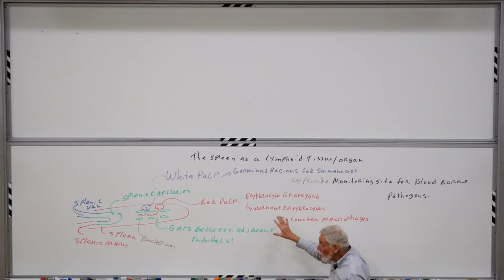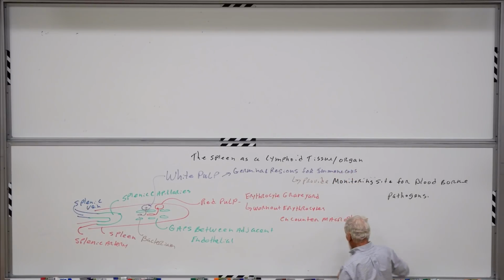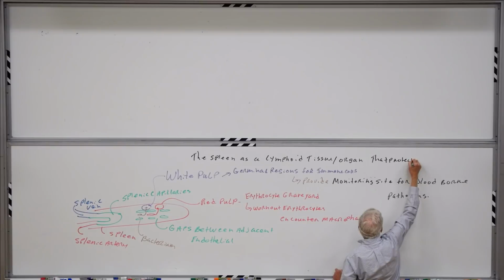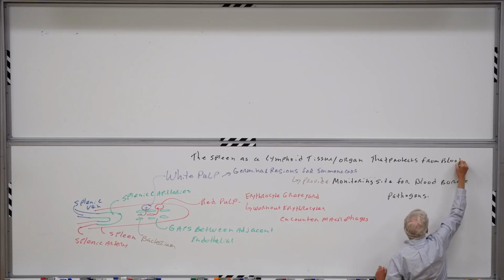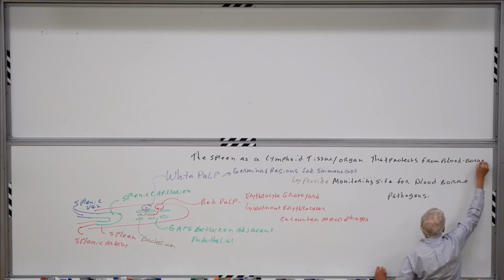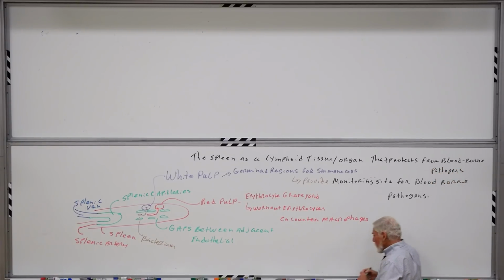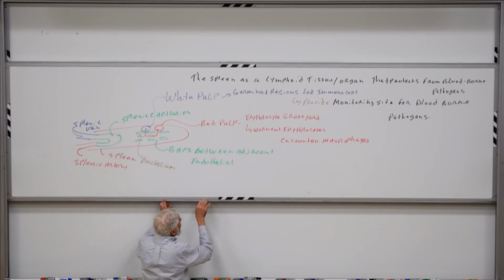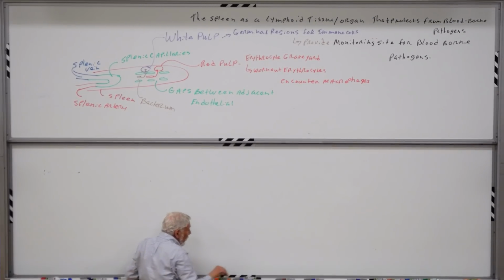So the general thinking here is the spleen is a lymphoid tissue or organ that protects from blood-borne pathogens. Well, another place where we see this kind of monitoring for pathogens are the lymph nodes.